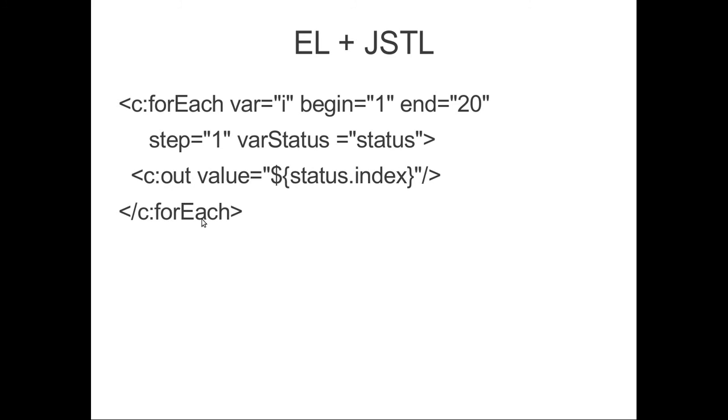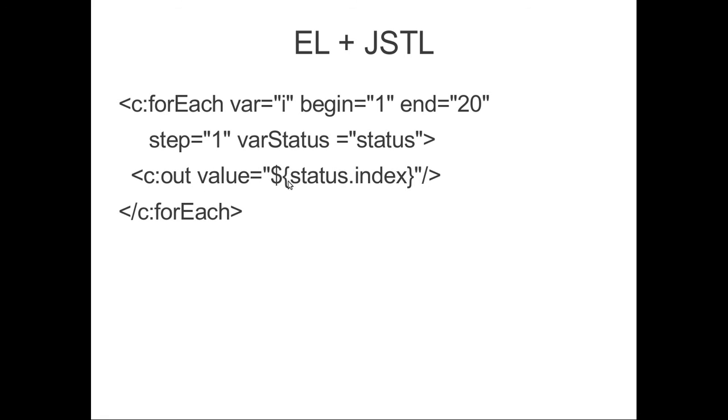Here's another JSTL example. So forEach is counting through. It's setting i. It's just sort of a for loop in JSTL. So not using Java exactly, but using this Java standard JSP standard tag library to loop over a collection for us.